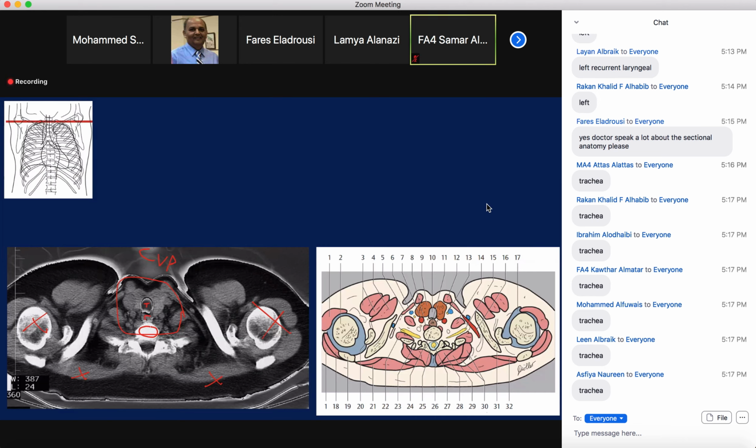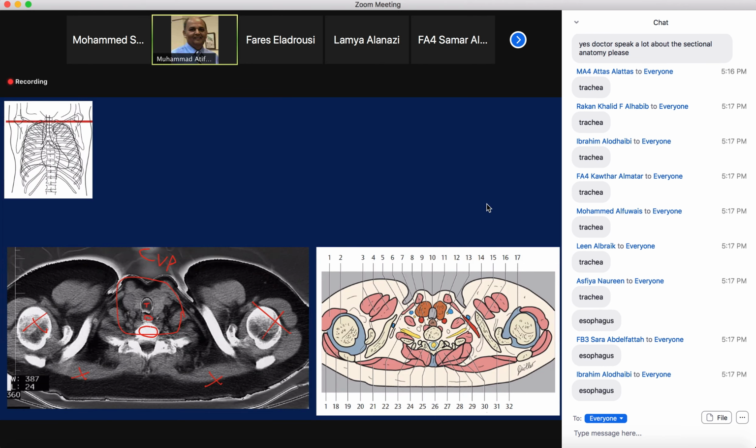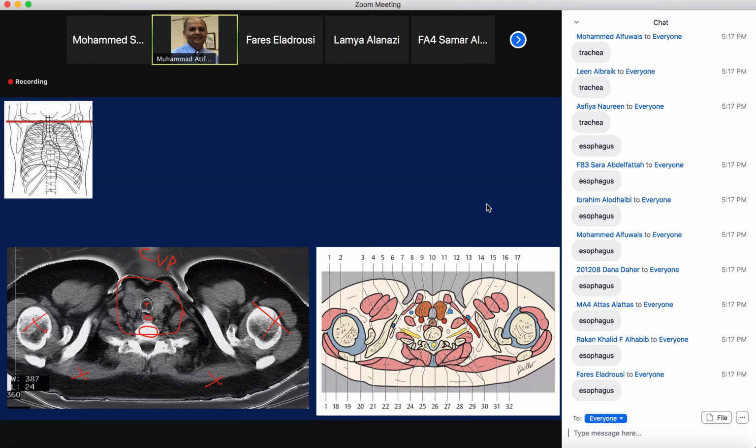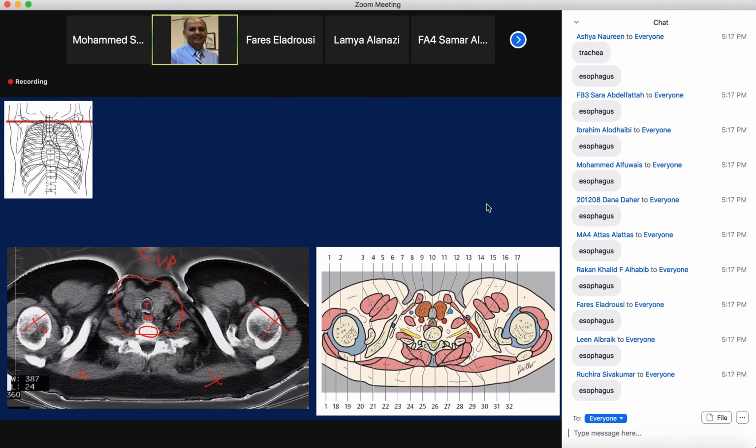This structure should be the esophagus. Great. You are able to identify this much. Rest. And then what do you think these structures could be? These could be my carotids. Excellent. If I figure that out, I can find my veins.